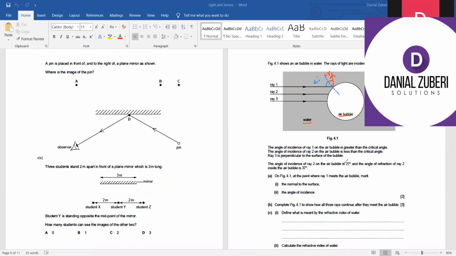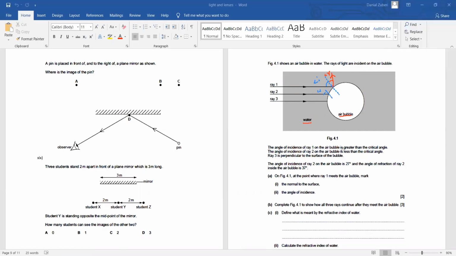If it says it is less than the critical angle, then if I draw a normal here, this would be the angle of incidence. And if it is less than the critical angle, that means it would be a perfect case for refraction. So that means it would be refracted here. Am I right?